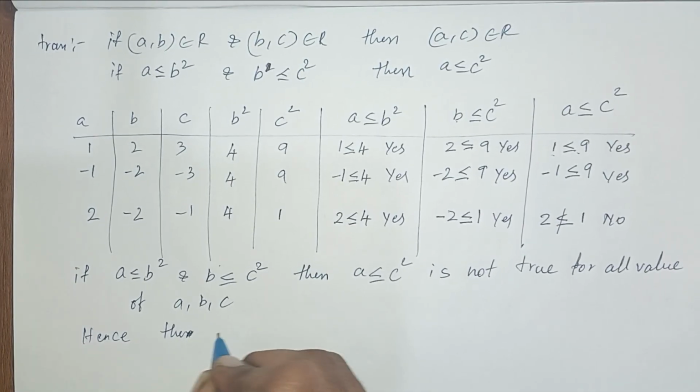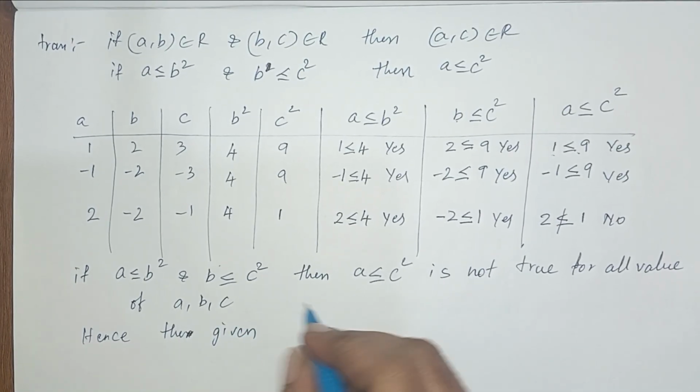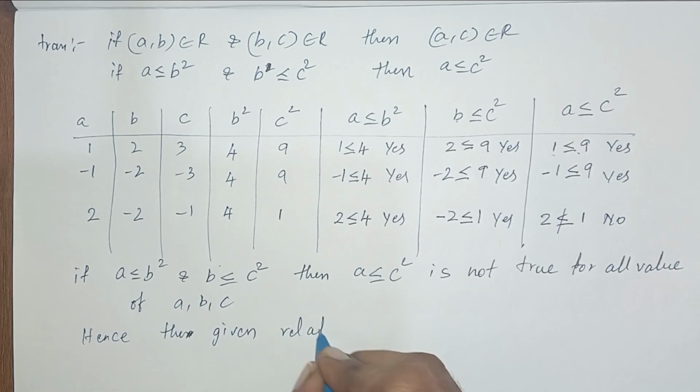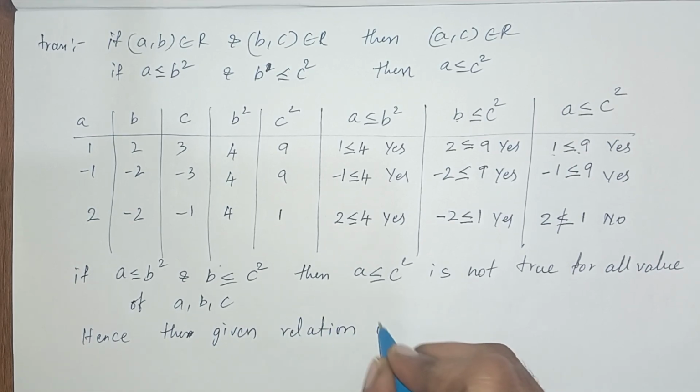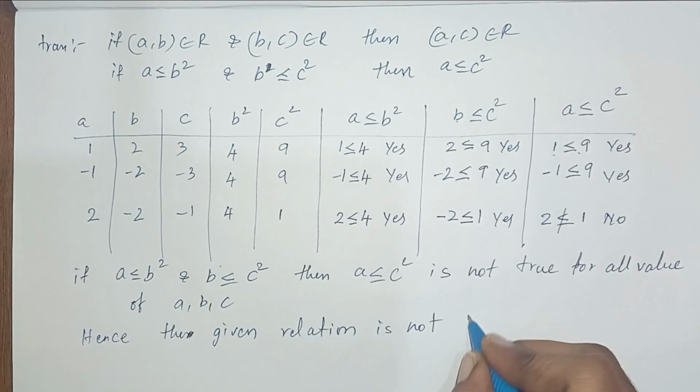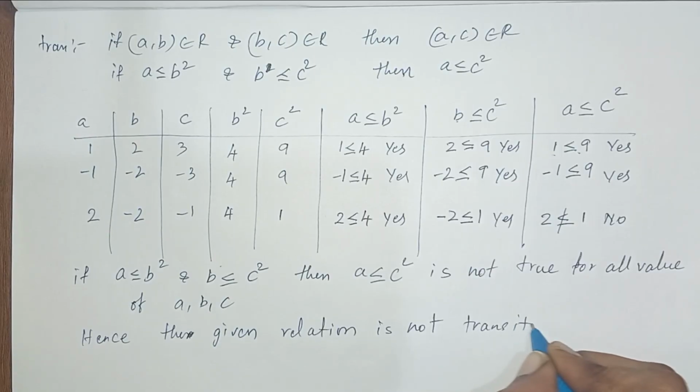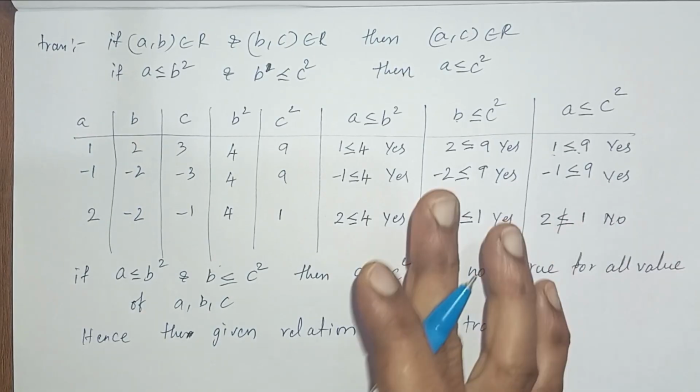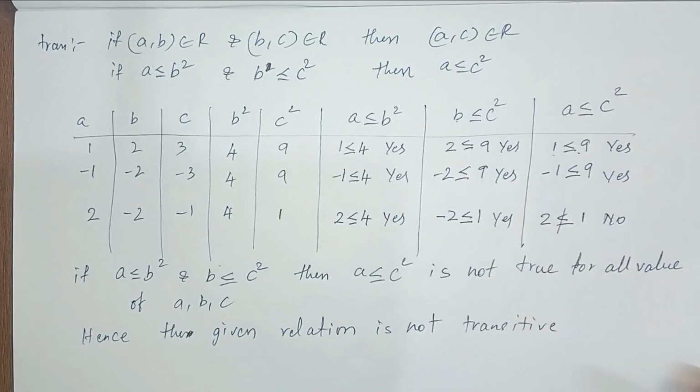Hence the given relation is not transitive. So we have proved that this is not reflexive, not symmetric, and not transitive.